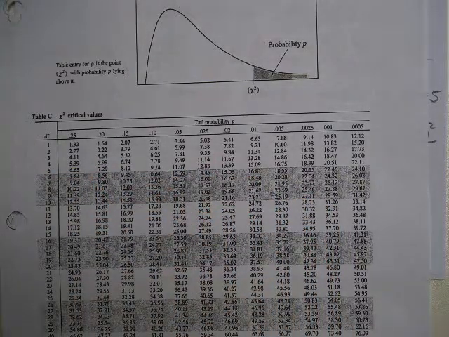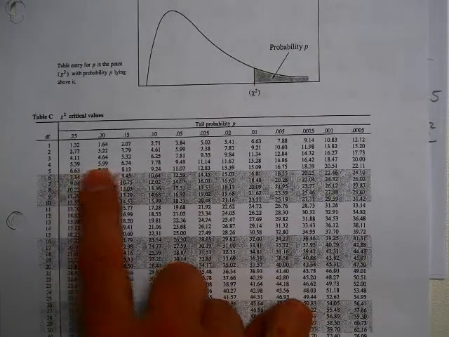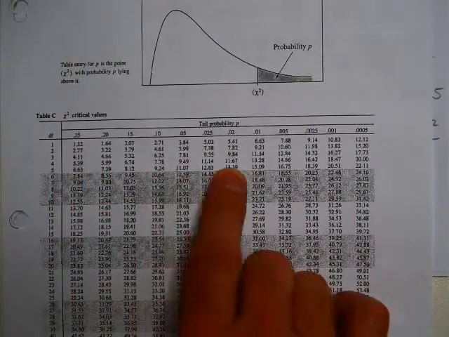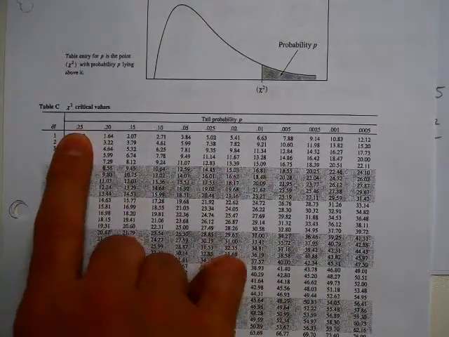So what that means is my probability is greater than 0.25, because my 4.87 is less than 5.39, and these numbers just grow, right? That makes sense? So my probability is greater than 0.25.